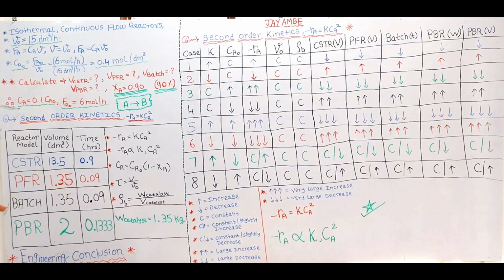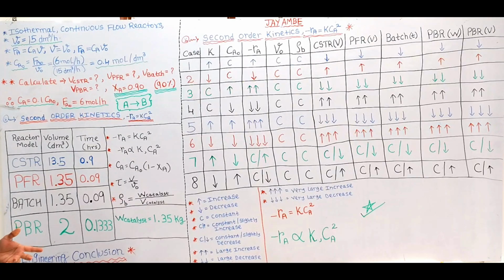If we compare PFR and the batch reactor, we require the same reactor volumes, which is 1.35 cubic decimeter in both, and we also require the same reaction time of 0.09 hours, which means 5.4 minutes of reaction time in both the cases, PFR and the batch reactor.